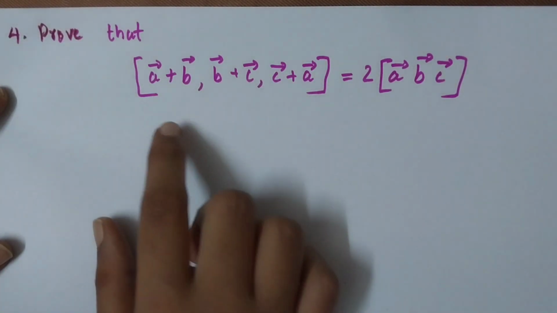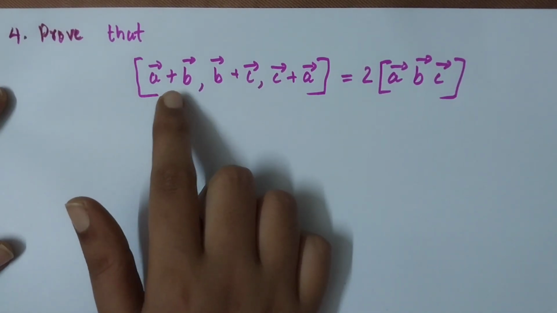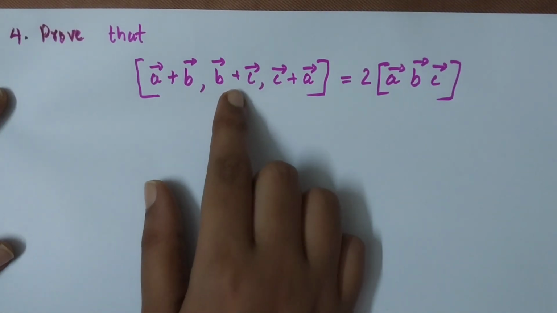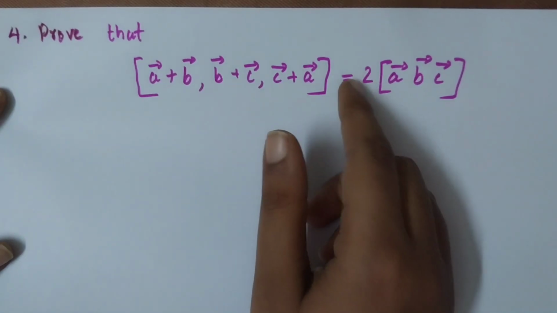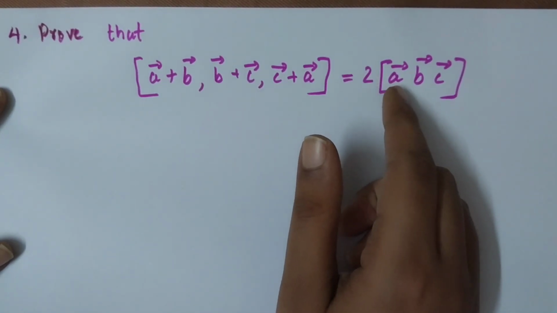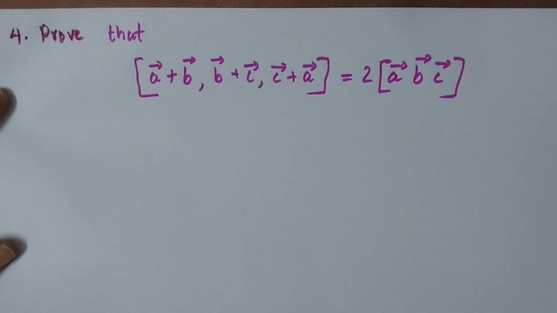Our fourth question is, prove that box product of vector A plus vector B, vector B plus vector C, and vector C plus vector A equals 2 times box product of vector A, B and C. So first we will start from the LHS.